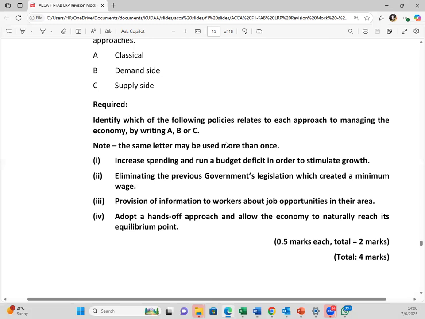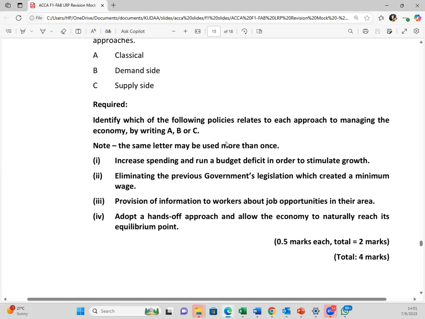Then provision of information to workers about job opportunities. What is that one? So if workers have information about job opportunities, again, that's supply side because we are increasing supply of labor, which can tend to boost production.